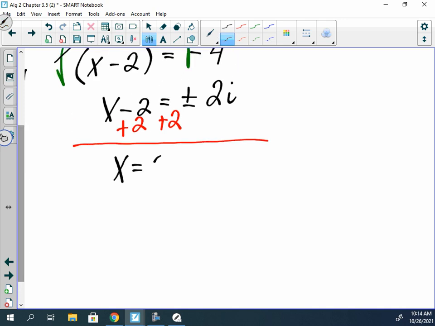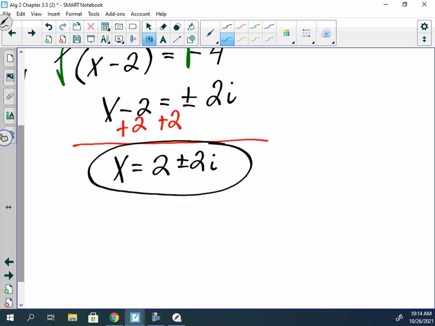That shows me x is equal to 2 plus or minus 2i. Now that's it, because we cannot combine 2 and 2i, or 2 minus 2i. We cannot combine that together because 2 is a real number and 2i is an imaginary number. We cannot combine those. And that's it.